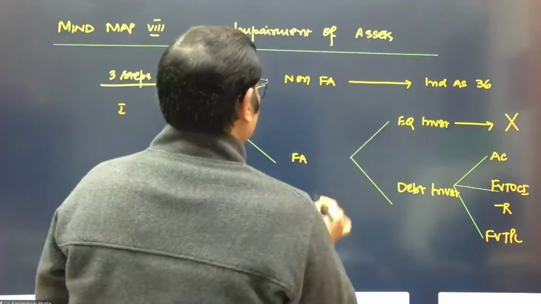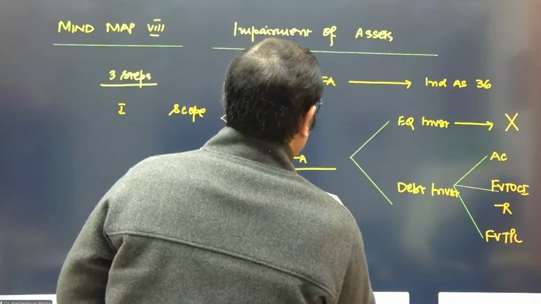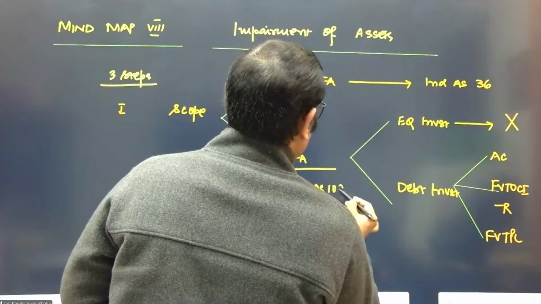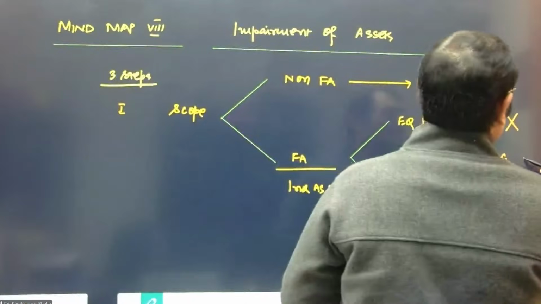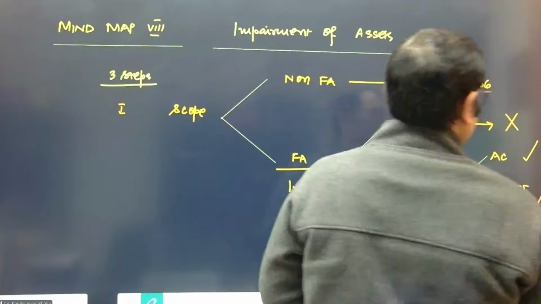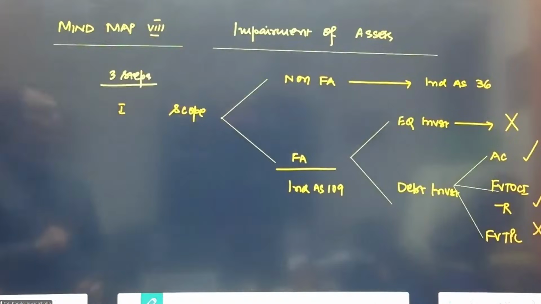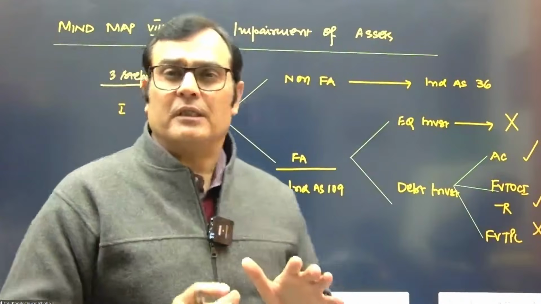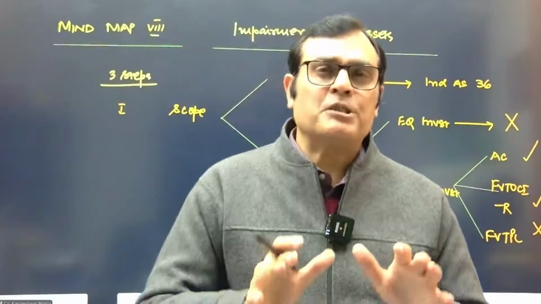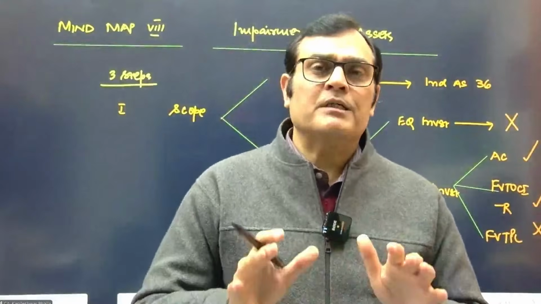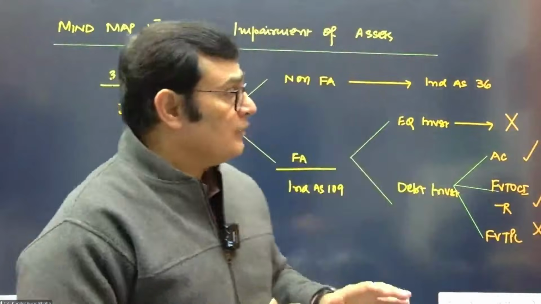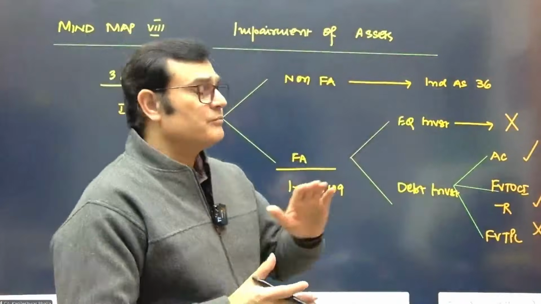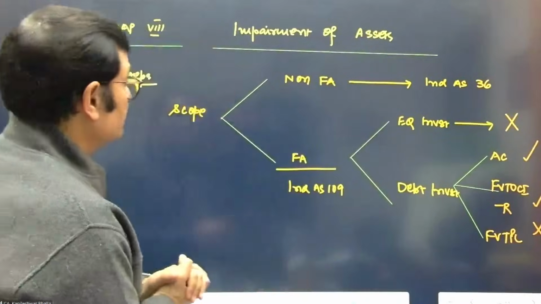So in terms of the financial assets, we are applying Ind AS 109. And AC, yes, OCI, yes, but FVTPL, no. So you need to first of all filter that effectively those financial assets which are debt investments measured at AC or measured at FVTOCI, only they get covered in terms of impairment testing.